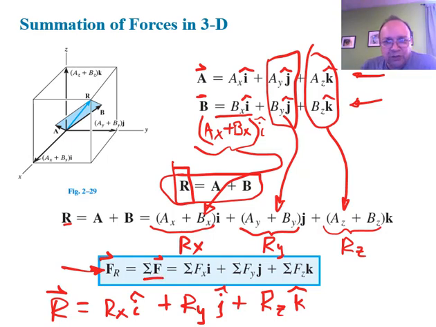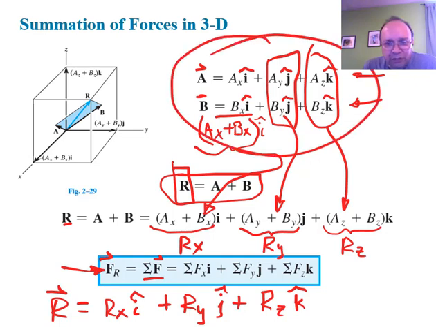And that summation, if you write it as components, then you will have the summation of the components in the x direction, the summation of the components in the y direction, and the summation of the components in the z direction right here.